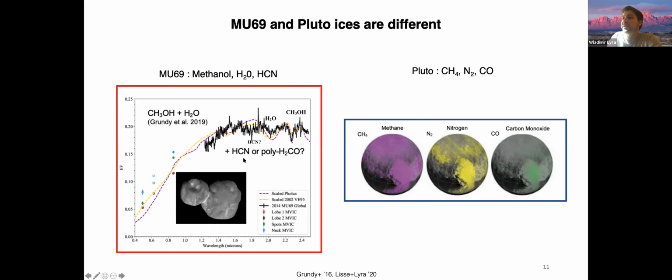But these ices here are different than the ices clearly seen in Pluto, which are methane, molecular nitrogen, and carbon monoxide, which are clear here on Sputnik Planitia. So the question is, if you think that you form Pluto out of bodies like MU69, how do you reconcile the fact that their chemistry looks different, right? You have in one body a different kind of ices than you see on the other one.